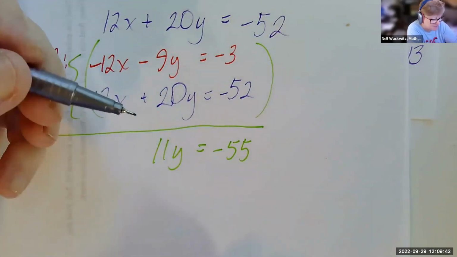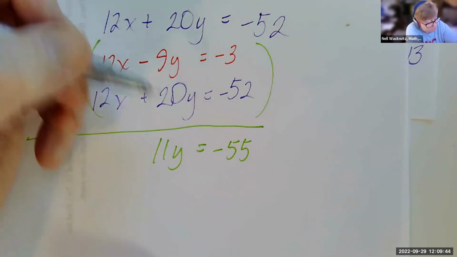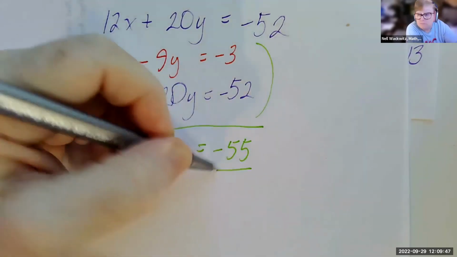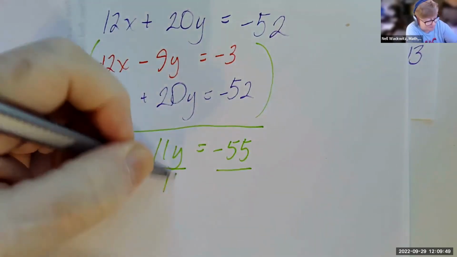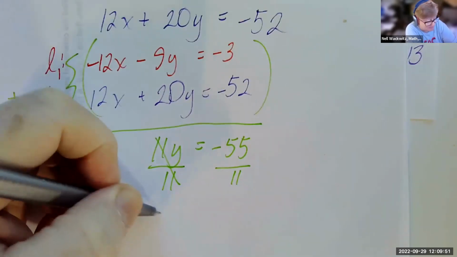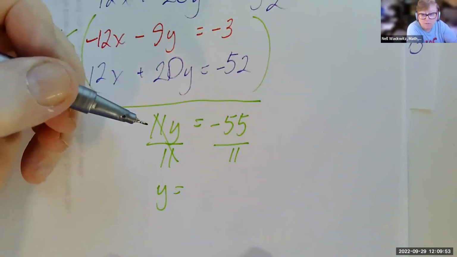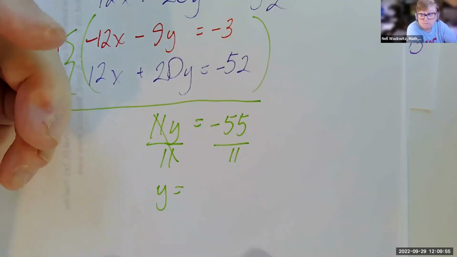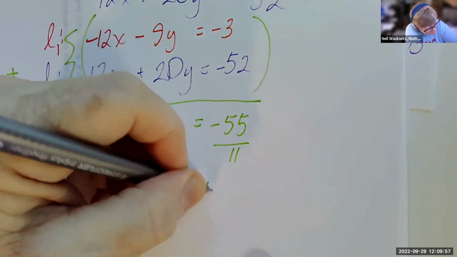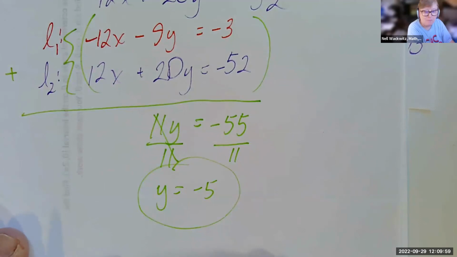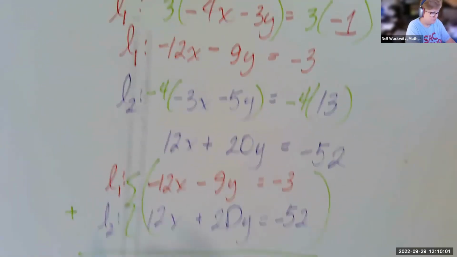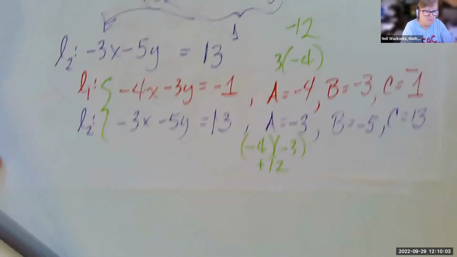What can I divide both sides by to get y alone? 11. Excellent. And we get y is equal to negative 5. Yay. Now let's go back to the original equations.